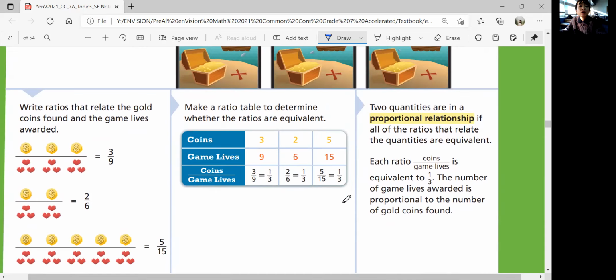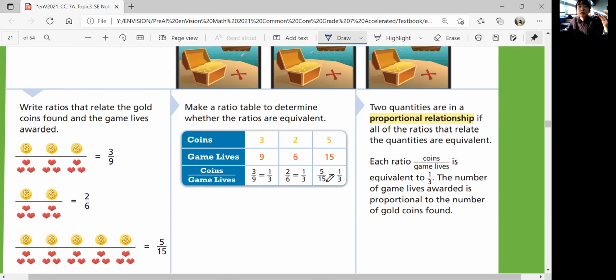So 2 quantities are in a proportional relationship if they have ratios that are equivalent throughout the whole event, right? So if all the ratios that relate to quantities are equivalent, they're proportional relationship. If one of these doesn't have an equivalent ratio to 1/3, maybe like 2/3, they do not have a proportional relationship.